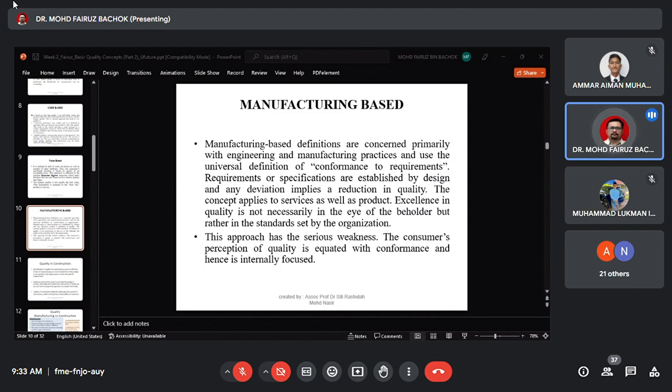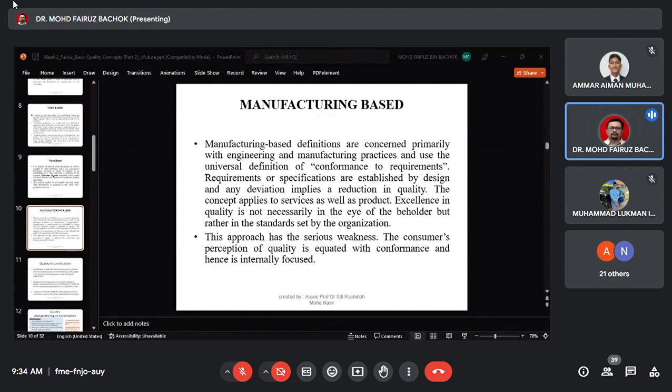But the problem is that it has a serious weakness. The consumer perception of quality is equated with conformance, so the focus is essentially on conformance rather than on your customer's need. It means the organization's standard is your focus, making sure that your product conforms to the requirement set by the organization, and you focus on the standard rather than on the customer need.